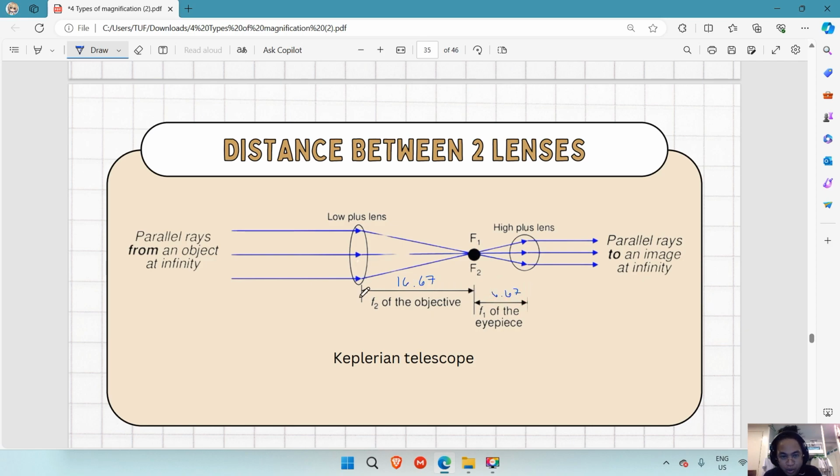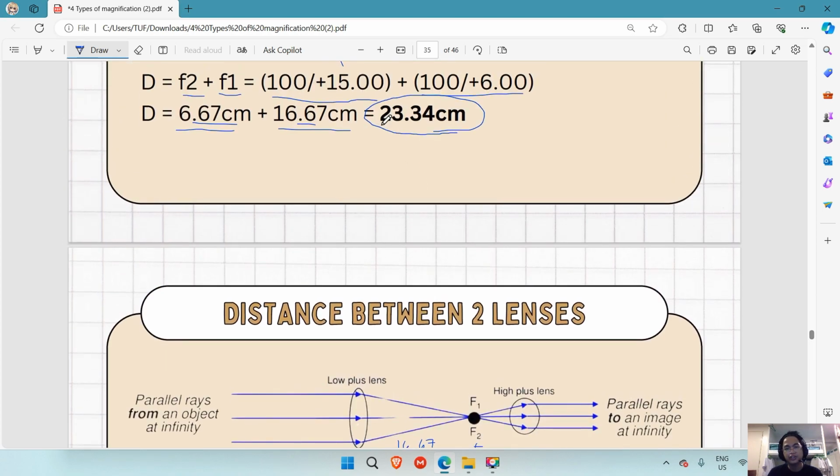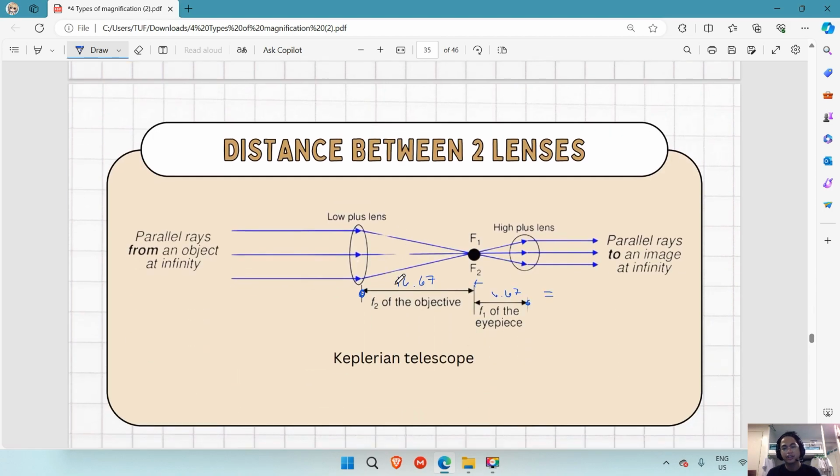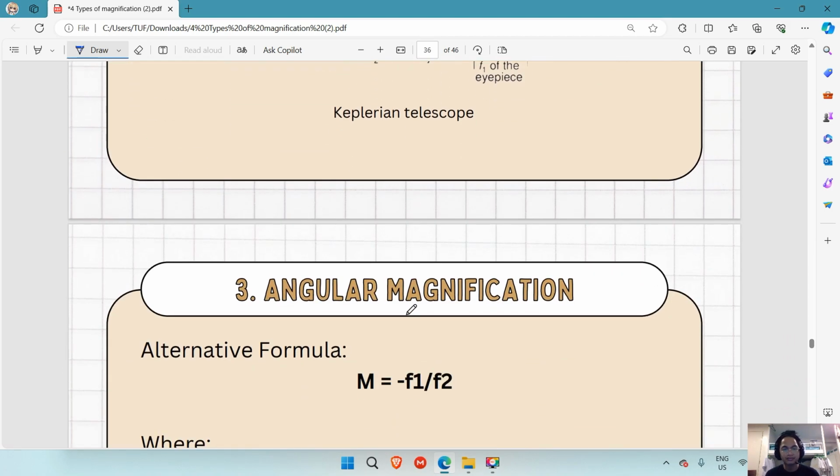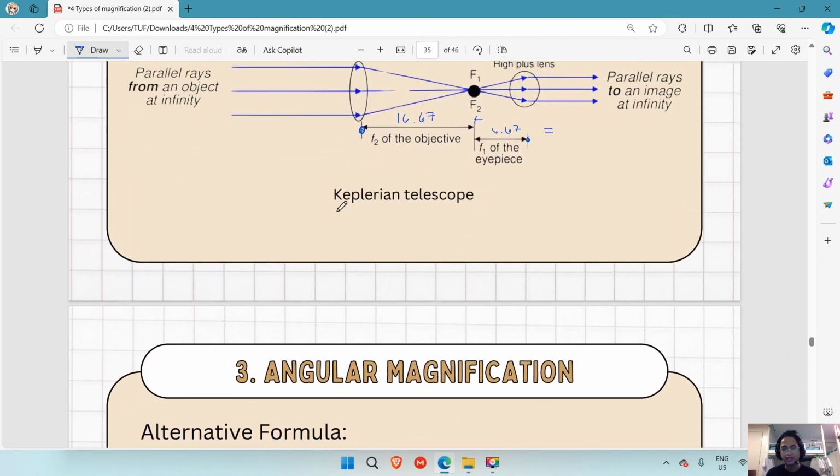You will want to know the distance from this point to this point, so all you have to do is add them. That's why you got the answer of 23.34 centimeters. That's why the Keplerian telescope tends to be longer.